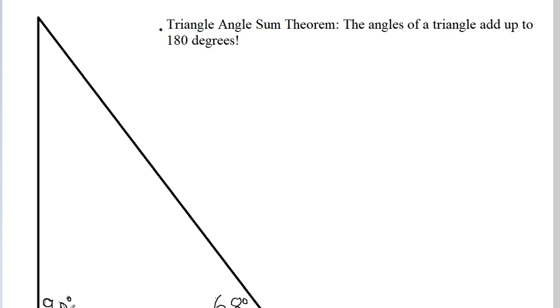So if I know that this angle is 90 degrees and this angle is 68 degrees, I can solve for this missing angle. I can say this angle is x.